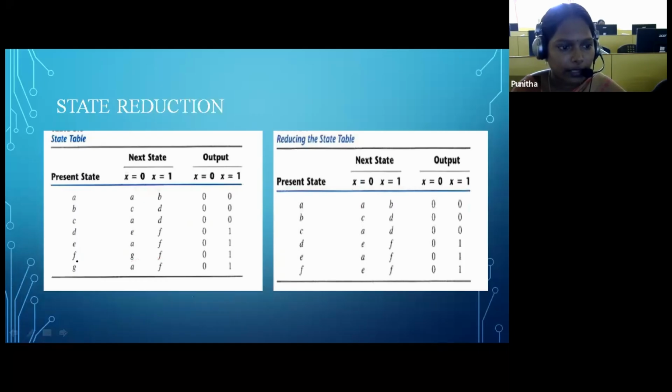Next, we'll look at state G. We'll check the next state for the input x equal to 0 and x equal to 1.